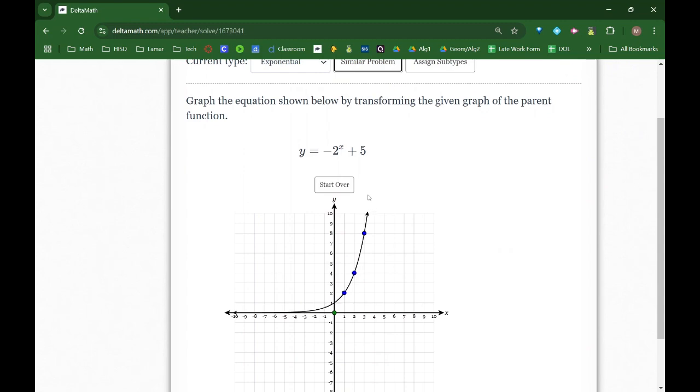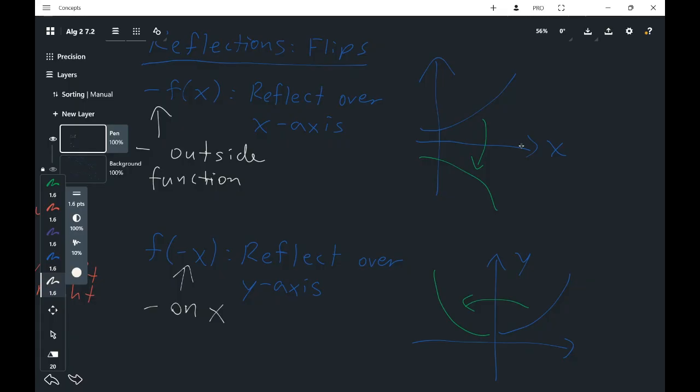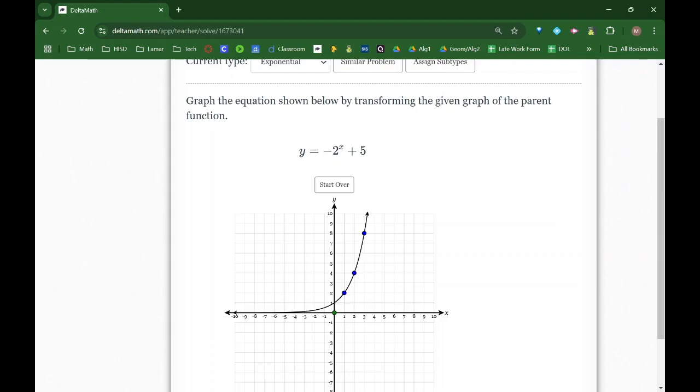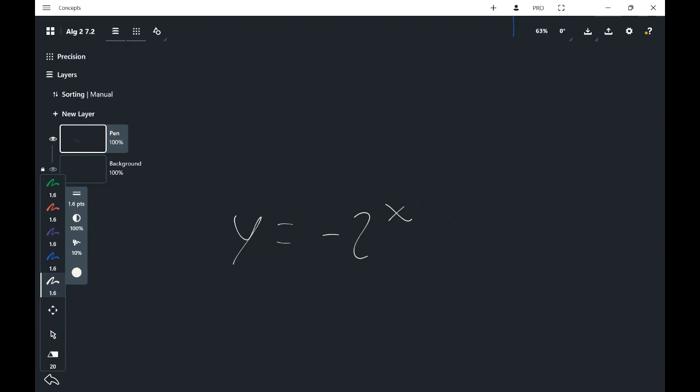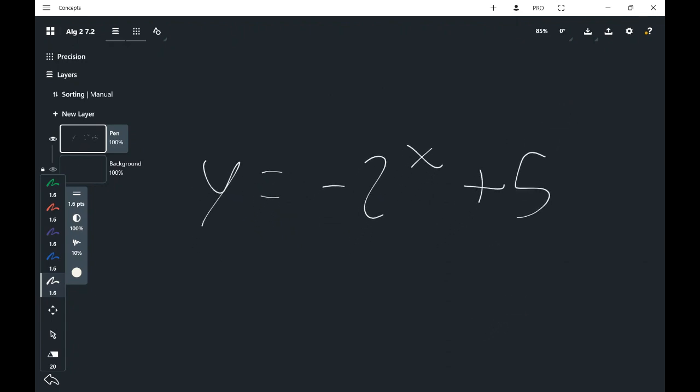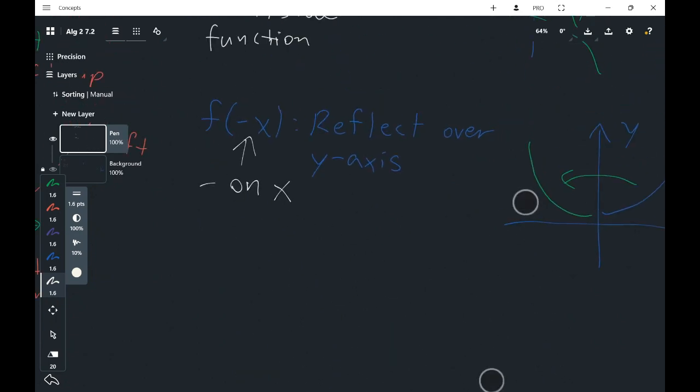Okay, this works. So again, we're going step by step. And if you wanted to show your work on this, you definitely could. They give us this. Sometimes if it's a really complicated transformation, it's helpful to write it out like this. So negative on the outside, this on the outside of the function. And I could check my notes up here.